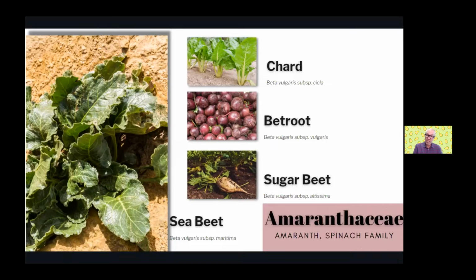Another mutation that has been selected for and encouraged and exaggerated over time is the sugar beet. So these are all the same species, but in cultivation and through various selections made unnaturally by people, these three groups of vegetables have been derived. And these plants are not related to radish, they're not related to parsnip, they're in the amaranth family, which puts them more closely related to spinach.